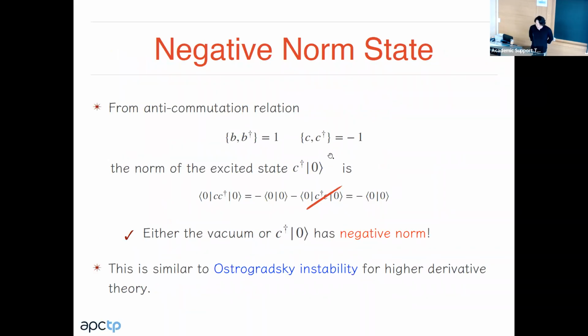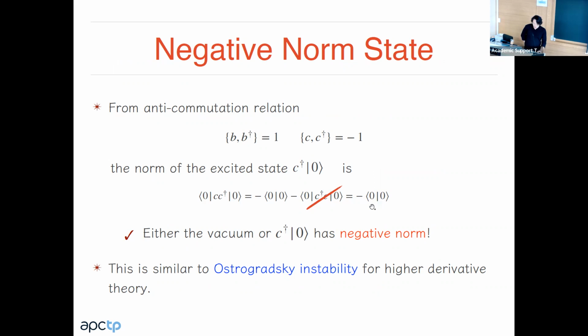But let's consider the system a little bit more. There is a problem. Because here, this C and C dagger have this kind of anti-commutation relation, you can calculate the norm of this state. This is simple. You just calculate it, and because of this -1, you obtain this.